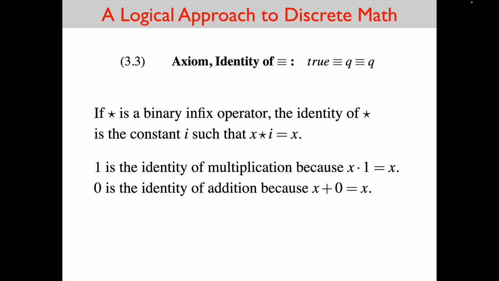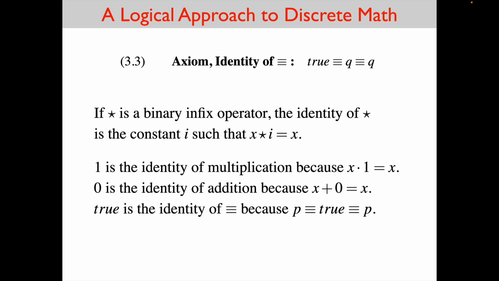Now what about addition? Well, 0 is the identity of addition because x plus 0 equals x. Here again, x is a variable, 0 is a constant, and because x plus 0 equals x, that means that 0 is the identity of addition. 3.3 says that true is the identity of equivalence.